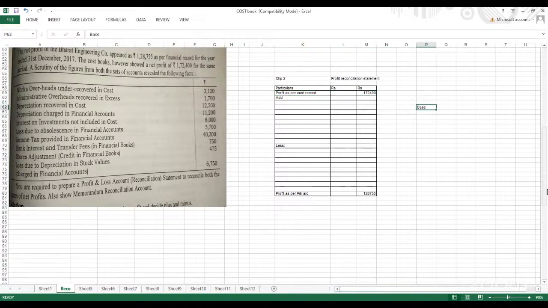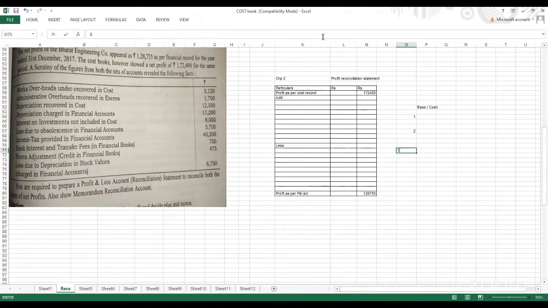Had you started your statement with financial profit, then P&L would have been your base. But here, cost books is your base. Is this clear, students? This is most important. This is done only once. After this, you have to follow 3 steps only: 1, 2, and 3.